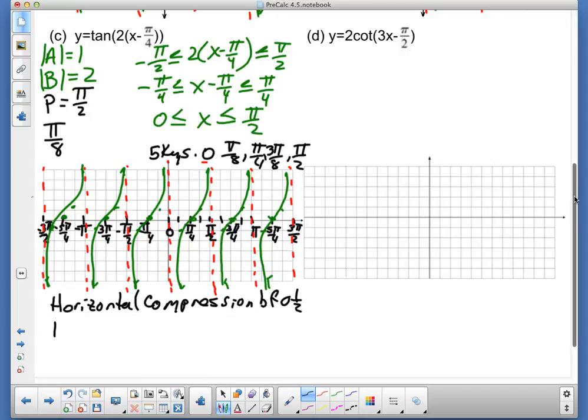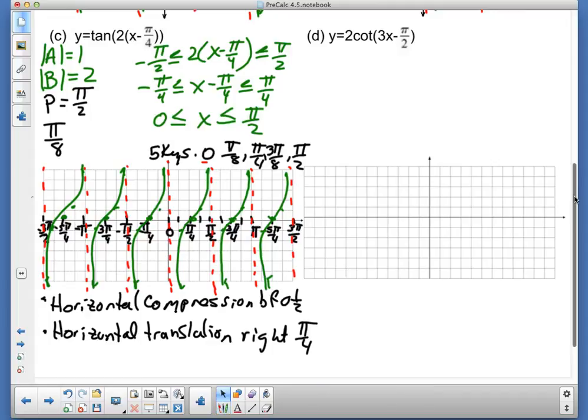I had a horizontal shift, or horizontal translation, and I went right pi over 4. All right, and that's the extent of our adjustment from a regular y equals tan x.